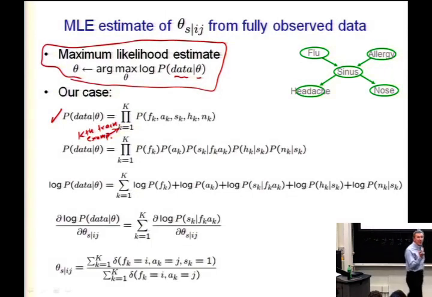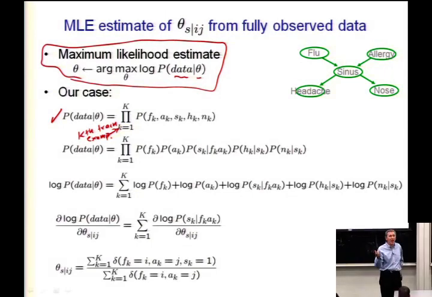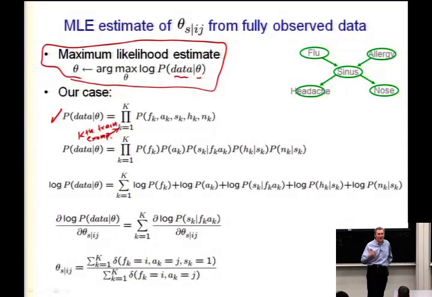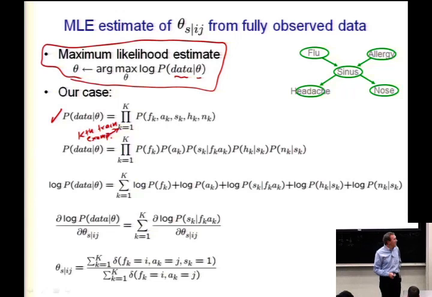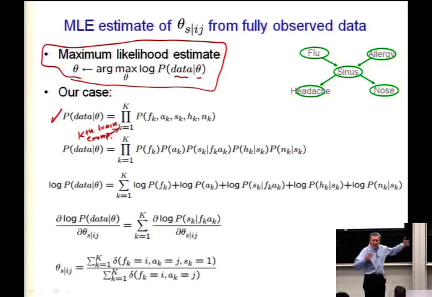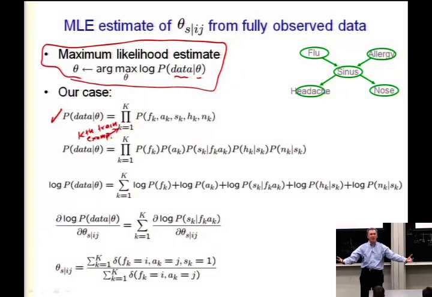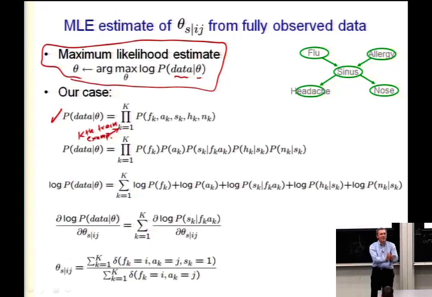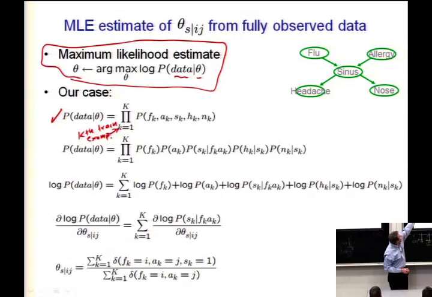The product over every training example, we'll assume they're IID, identically distributed, independent training examples. Then if you give me 100 training examples, the probability of that set of 100 training examples is just the product of the probability of each one, since they're all independent. And the probability of each one is just the probability of their observed F, S, A, H, N values.